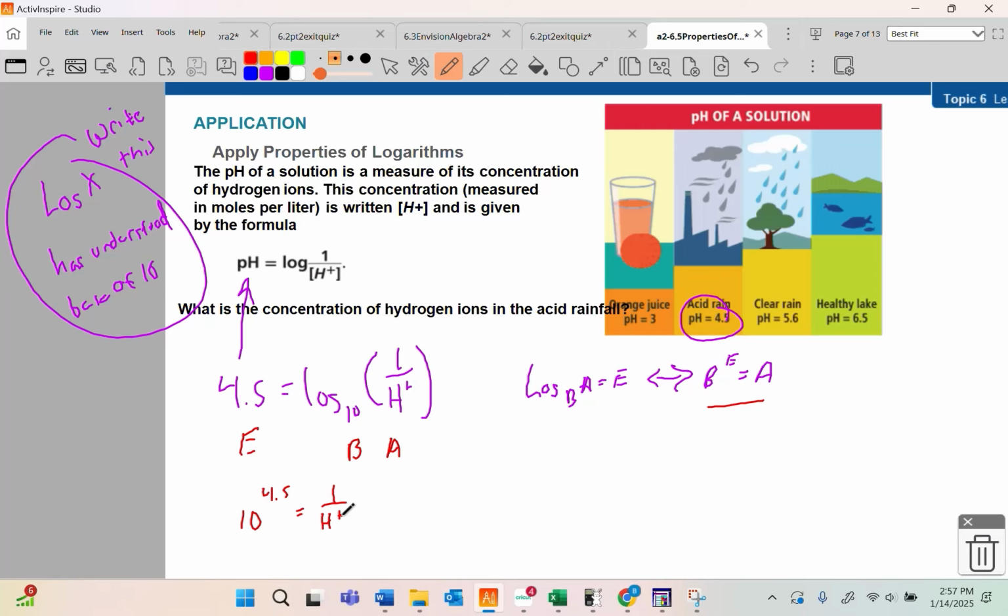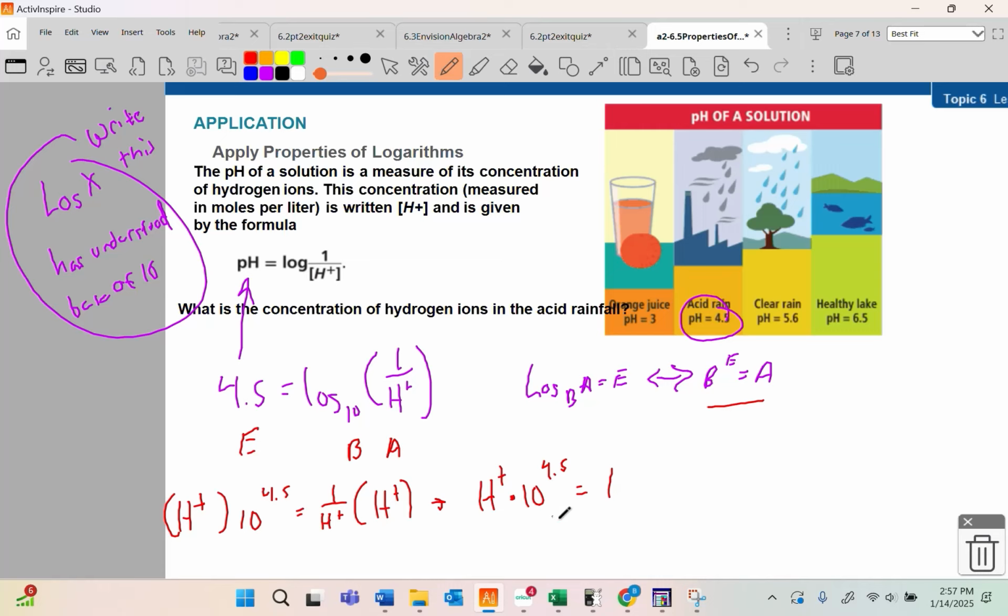Now, how do I solve an equation like this? I multiply both sides by H plus. And I would have H plus times 10 to the 4.5 is 1. Hopefully you have no issues with what I've done so far.